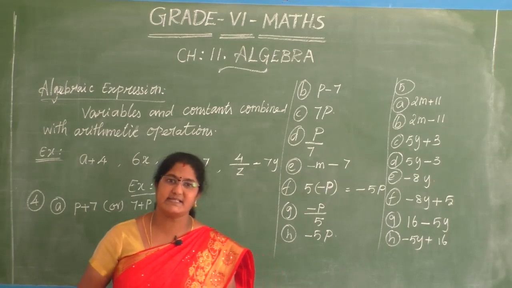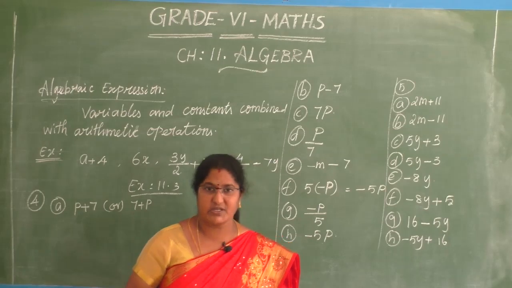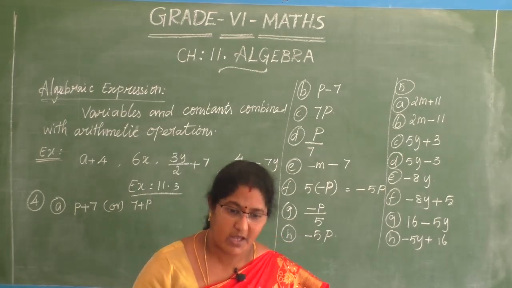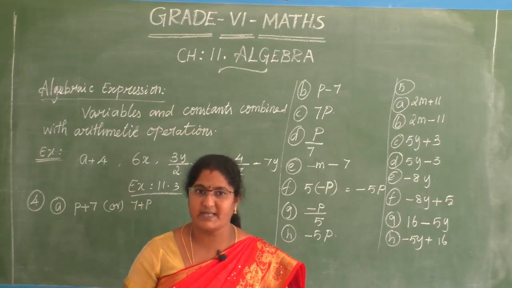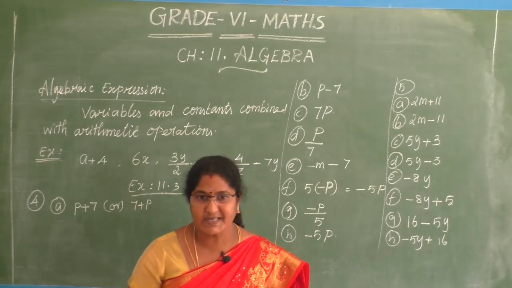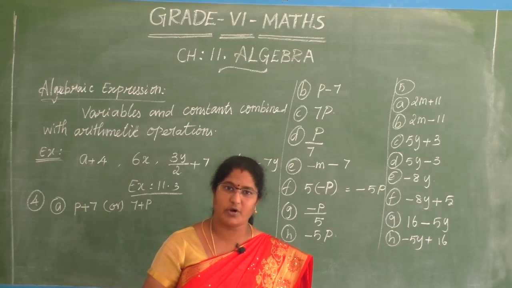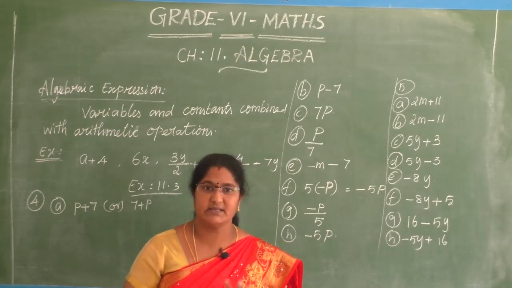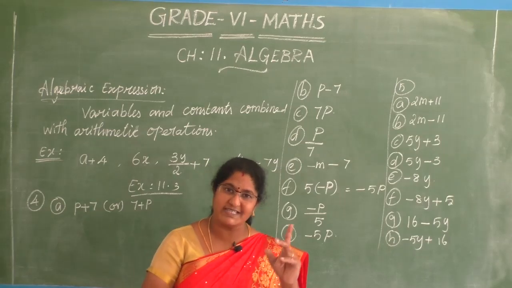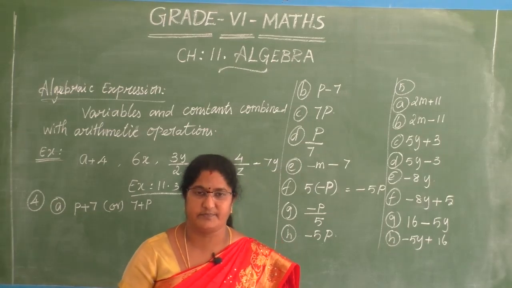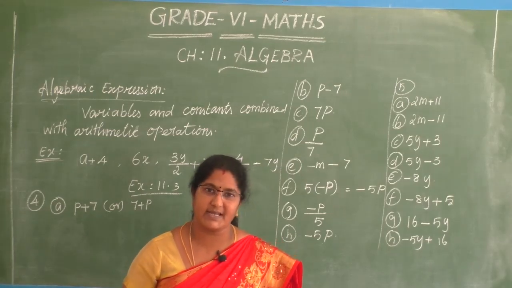You can create some more expressions using t and 4. Use one operation. That means either plus or minus or multiplication or division. In each expression, you have to apply both terms. You have to use t and 4 in each expression. So how many expressions you can create, you can write.